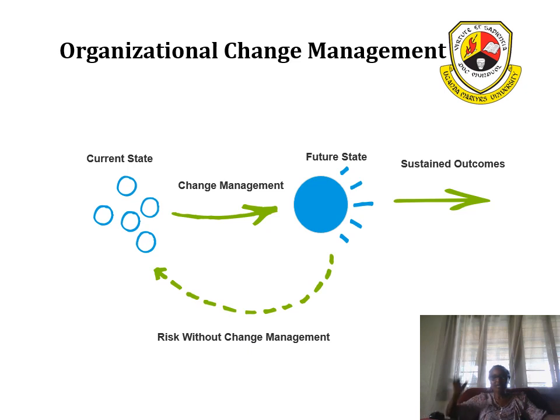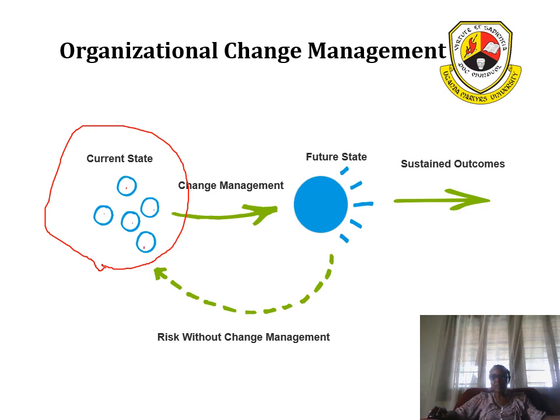Here we have a diagram which demonstrates to us the process of change management. We've discussed this a number of times in ICT strategy. We start with our current state of affairs, which we have analyzed, and we have identified the things that need to be changed. Okay?